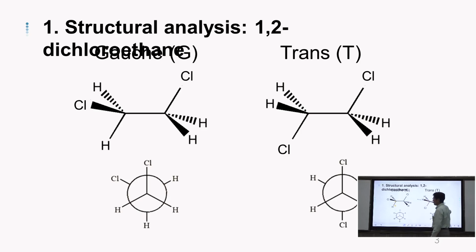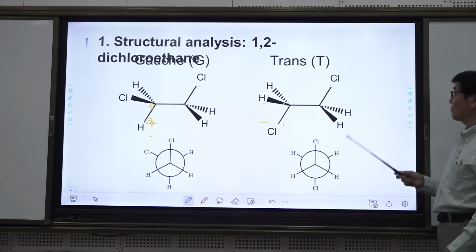If we see configuration of the atom from this point, then we can set the CC bond in this direction. Then 2 CCl bonds should direct this direction. This is gauche form. This is 60 degrees. The other is a trans form.